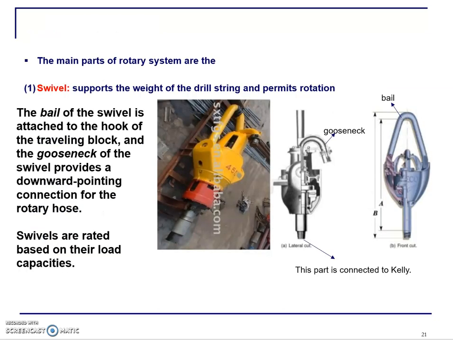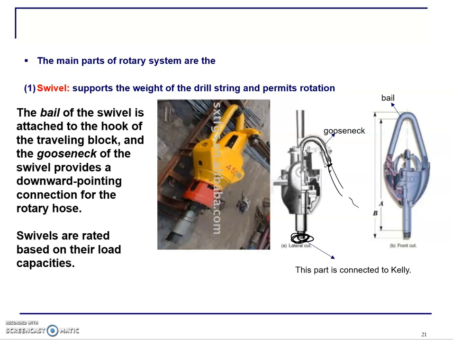So the swivel, as I discussed, all those loads, the Kelly, the drill string, everything is connected to this swivel, and it supports the weight of all these components. The bottom part is connected to the Kelly, so Kelly is connected to the bottom part of this swivel, and then here there is a part which is called gooseneck, and the gooseneck is connected to the mud hose, or rotary hose they call it.